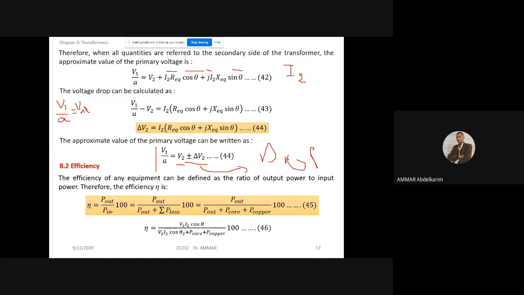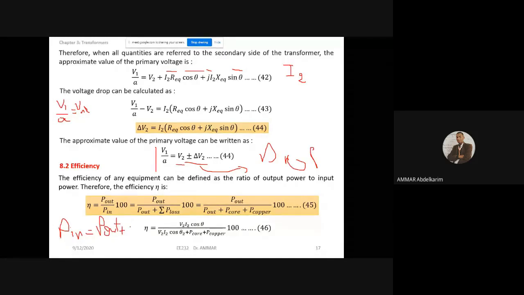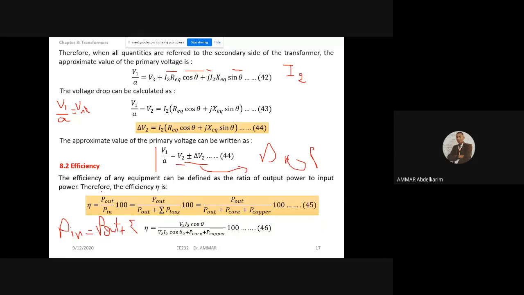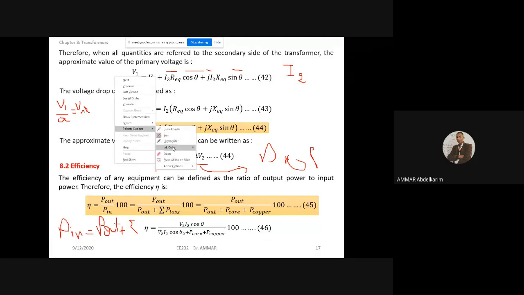And also the input power equals the output power plus losses. So why is the output power less than the input power? Because there are losses taken from the input power, which are the core losses and the copper losses.